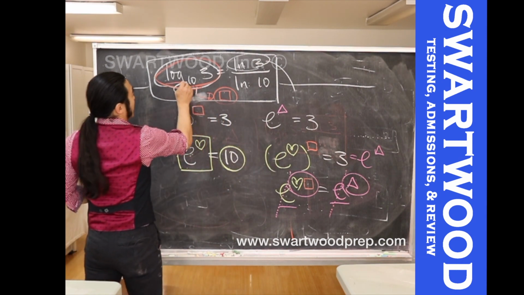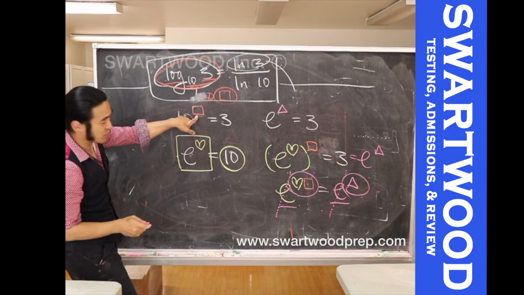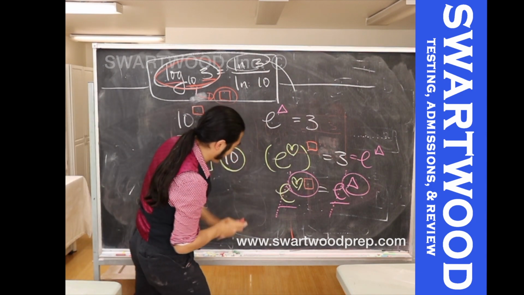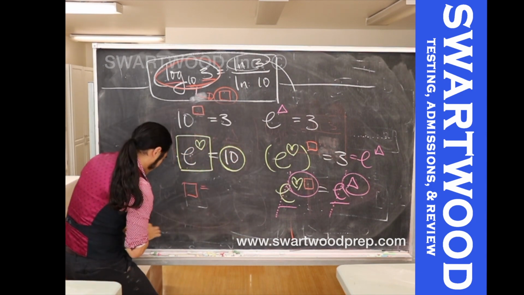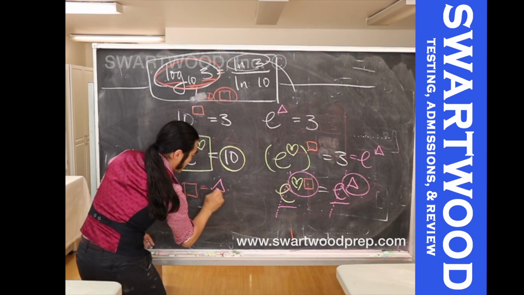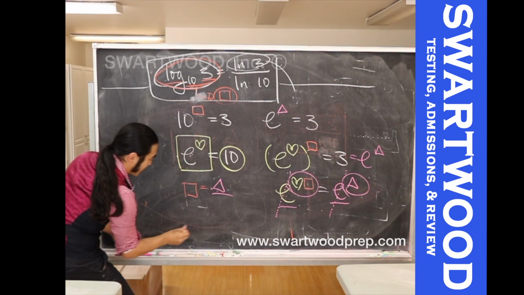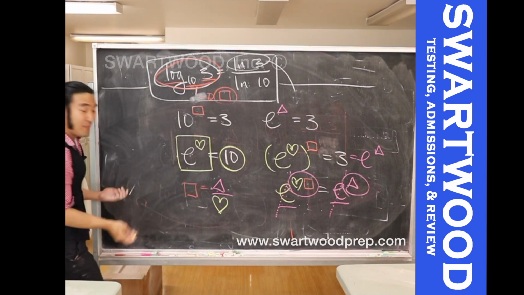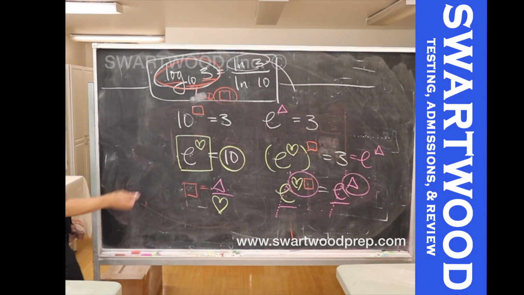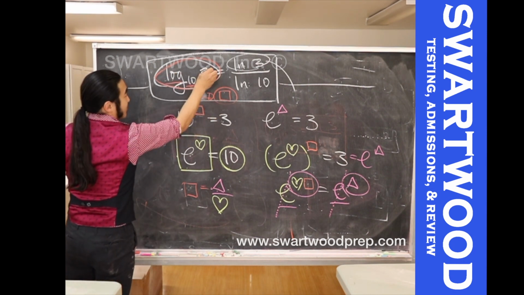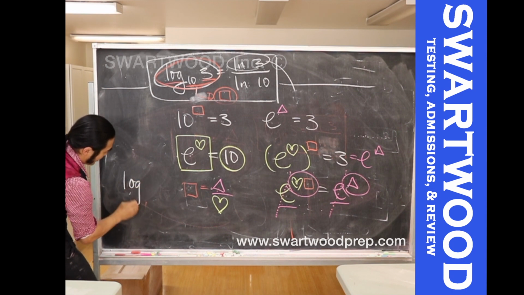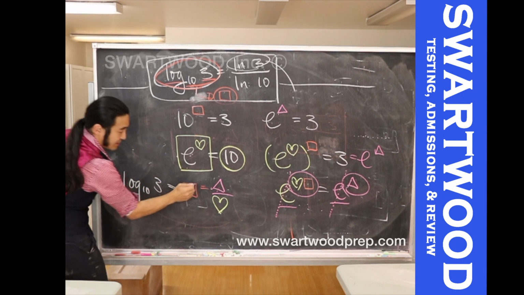But what do we want? We want log base 10 of 3, and that's what we called square. Okay, so we're going to solve for square. So square is equal to triangle over heart. Now we just unpack these definitions again. Square was log base 10 of 3. Okay, so we'll just write that. Log base 10 of 3 is the square.